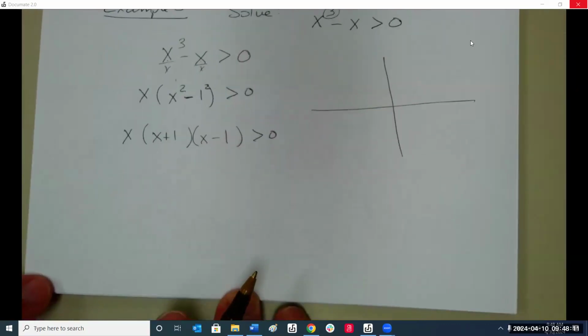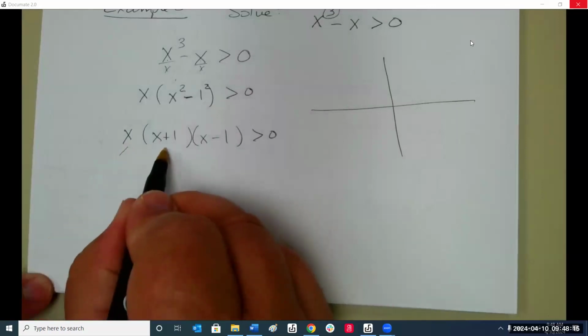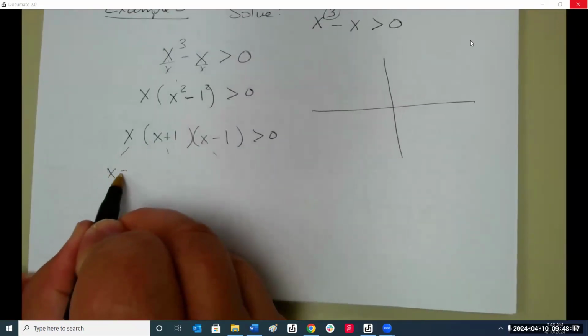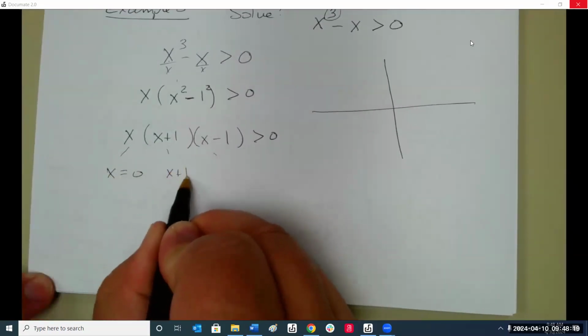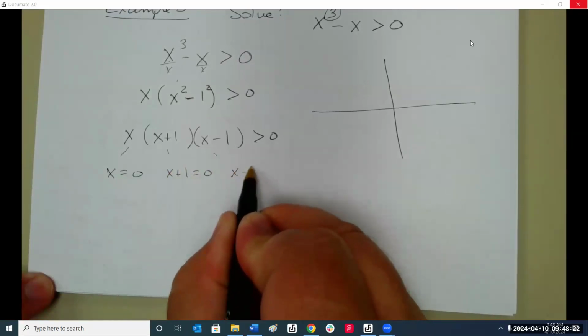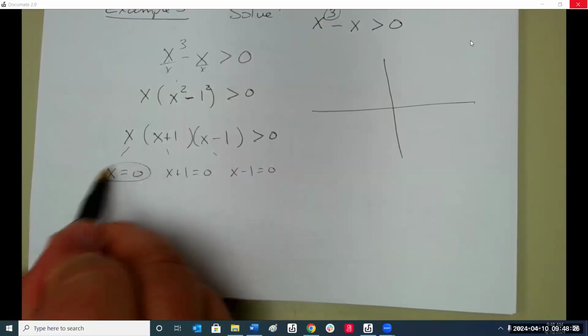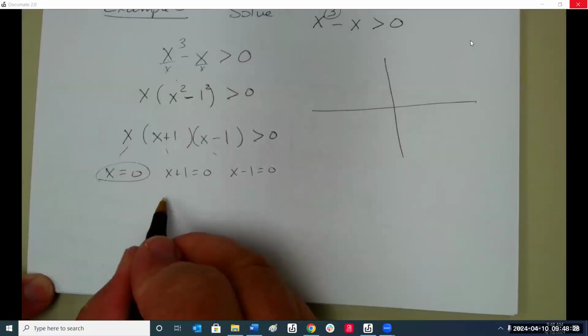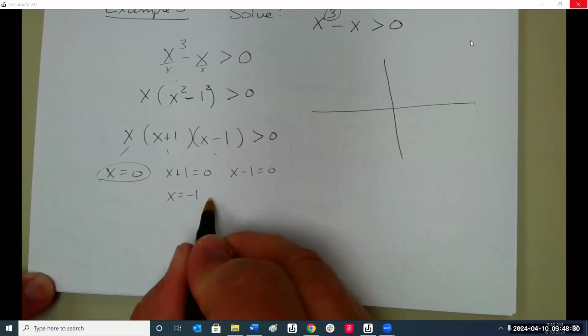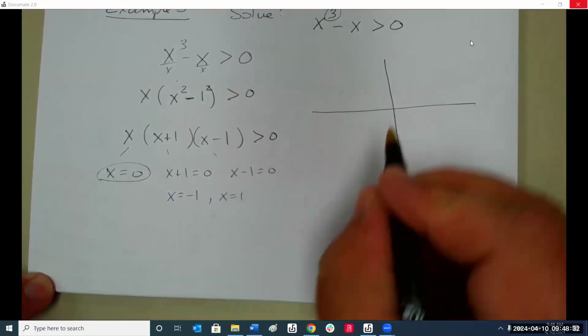Did you give me 3 answers? Set anything that has an x equal to 0. Because that x is there, 0 is a solution. So x equals 0, -1, and 1.